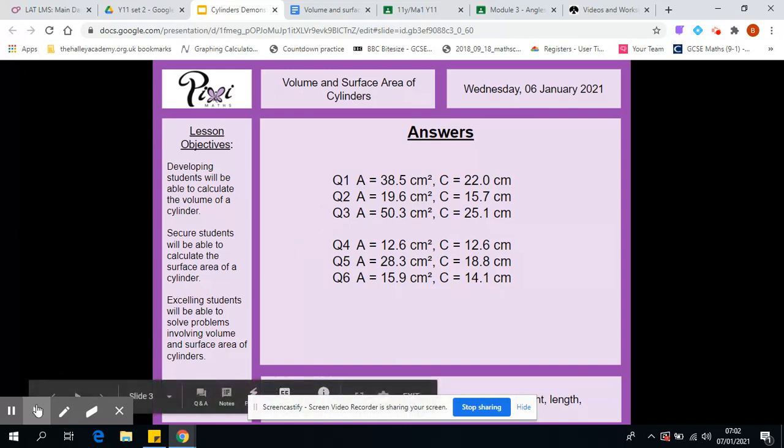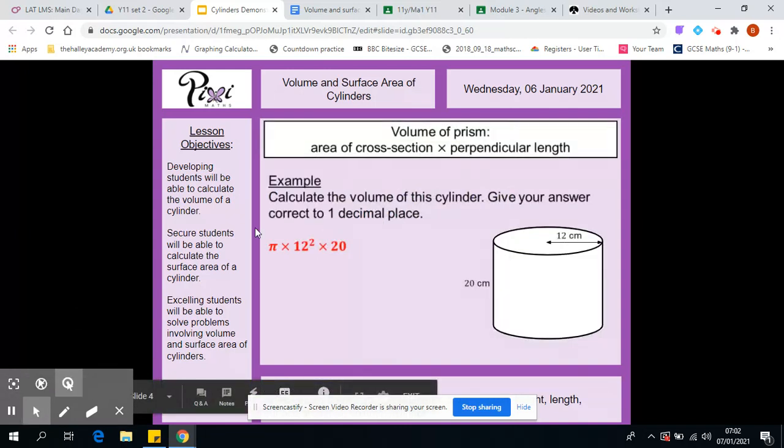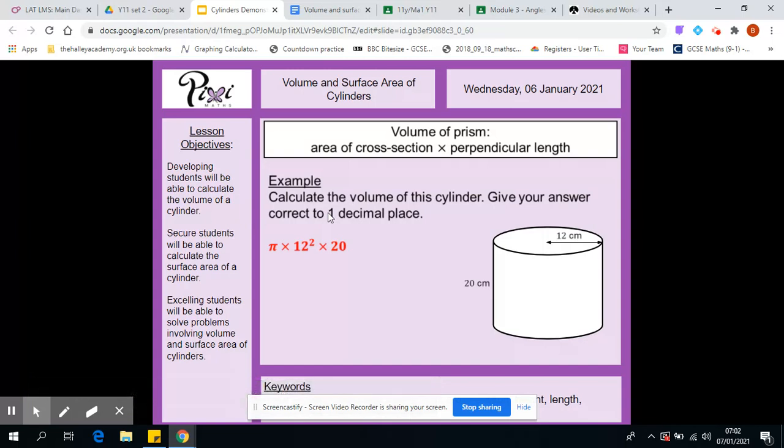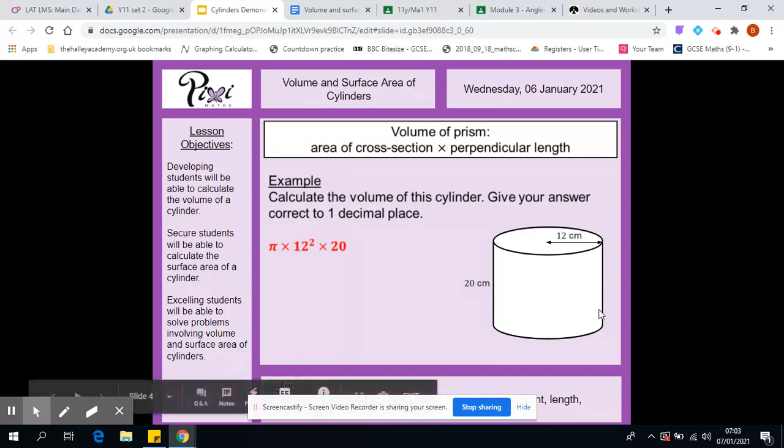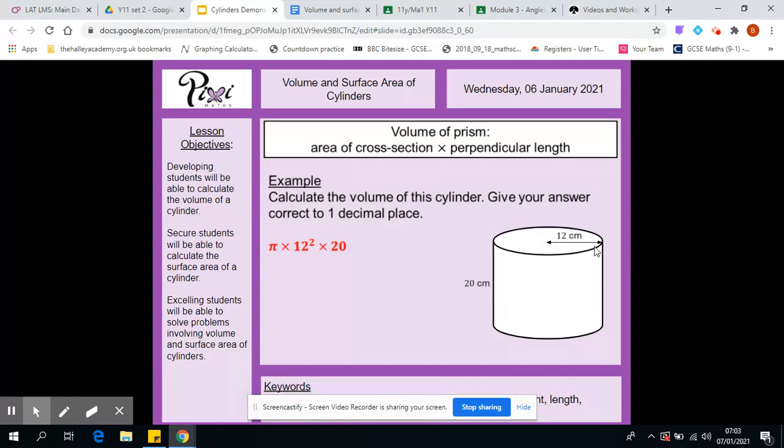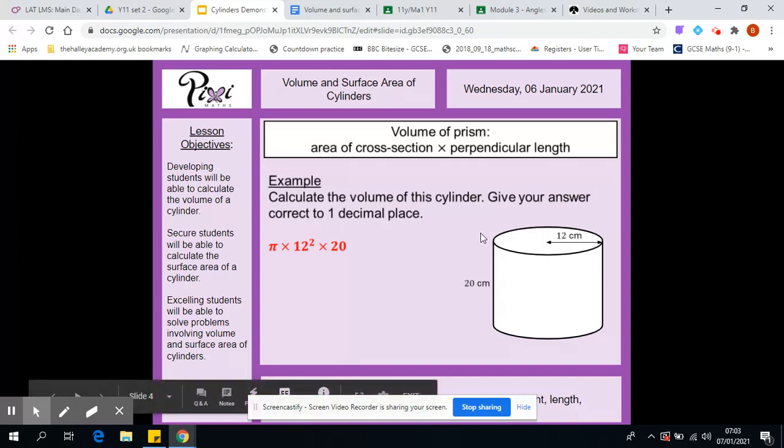Now let's look at an example of how to calculate the volume of a cylinder. We know the volume of a prism is given by the formula area of the cross section multiplied by the perpendicular length. In this question, this cylinder has a radius of 12 centimeters and a height of 20 centimeters.